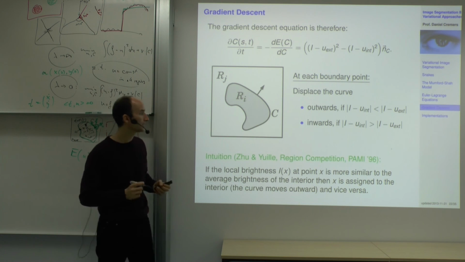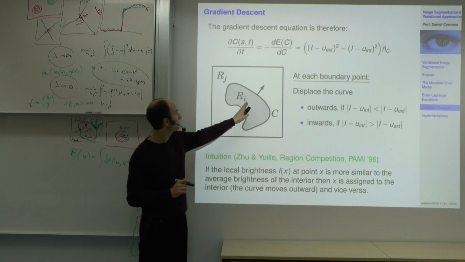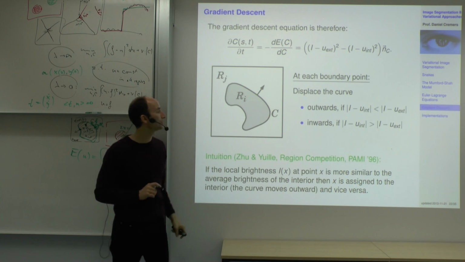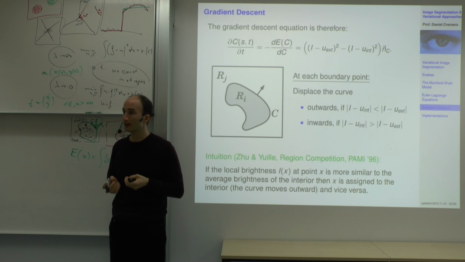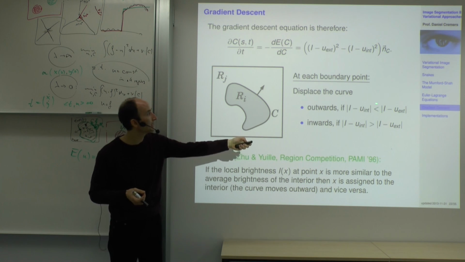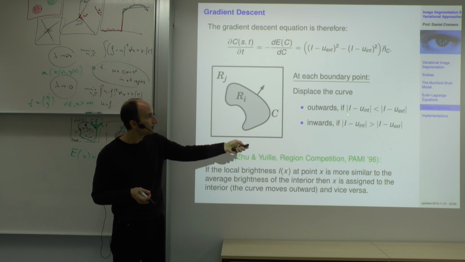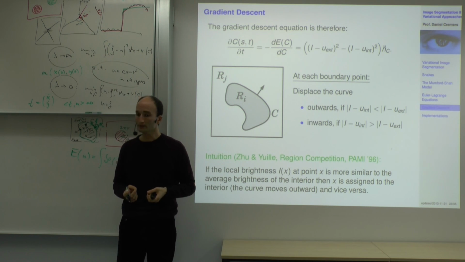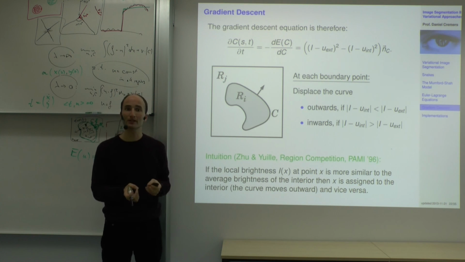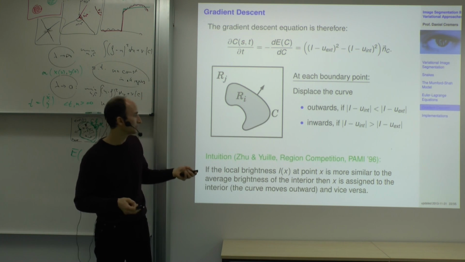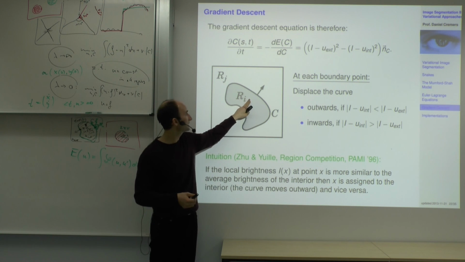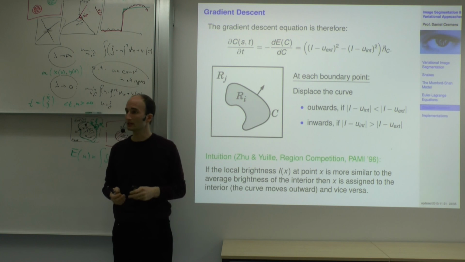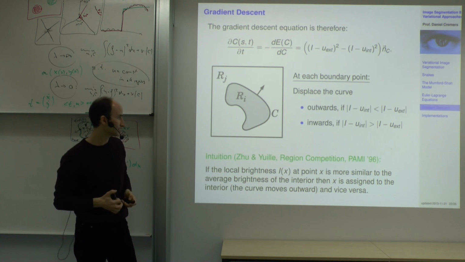And I find this term is actually quite appropriate because you have two regions, I call them Ri, Rj here, the interior, the exterior. They compete for the boundary in terms of these integrands. And the region wins that has the smaller cost. So if taking the point into the region generates a smaller cost for inside than for outside, then the curve will move outwards to take the point to the inside region, and vice versa.